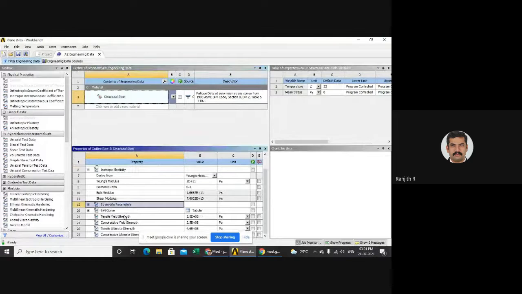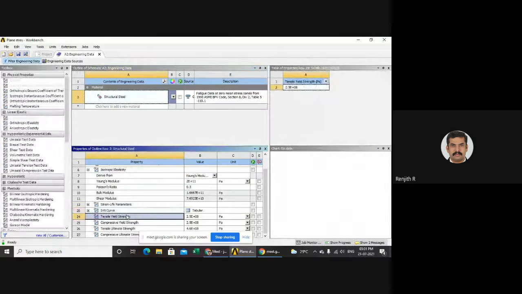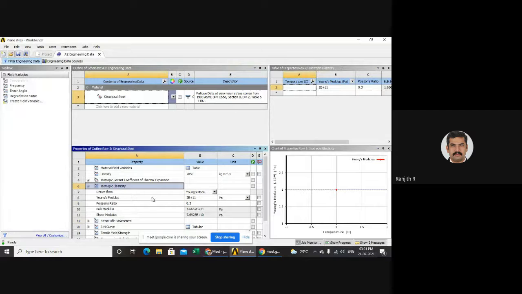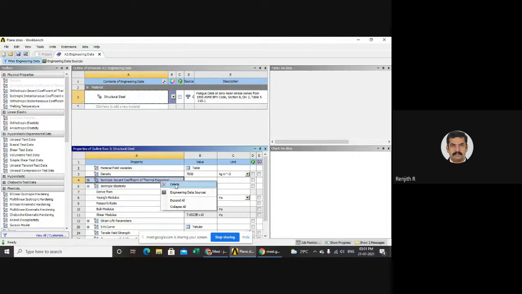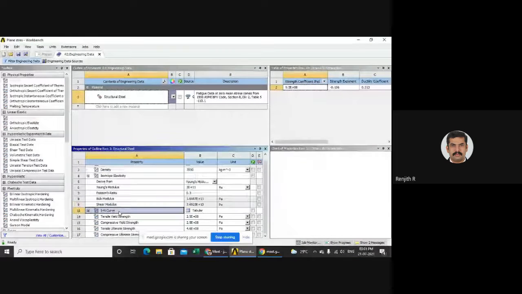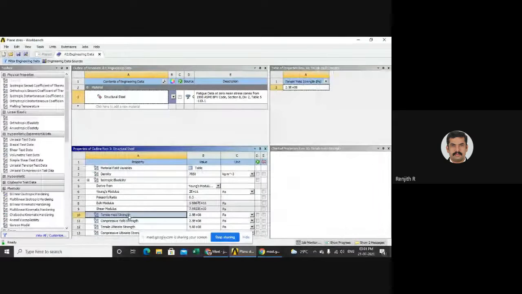This is actually related to fatigue and other types of analysis. So for our analysis, we only require this isotropic elasticity. If we delete all other things, it won't tamper with my analysis. So this is not required actually.